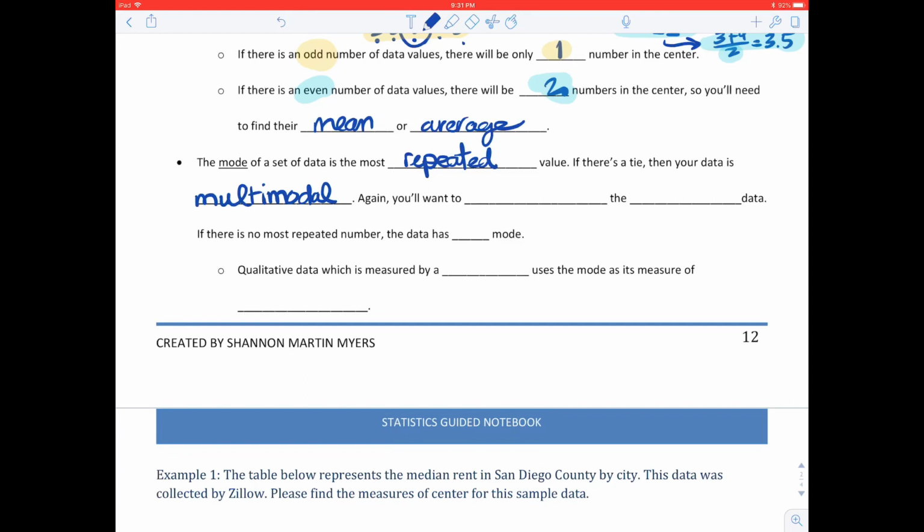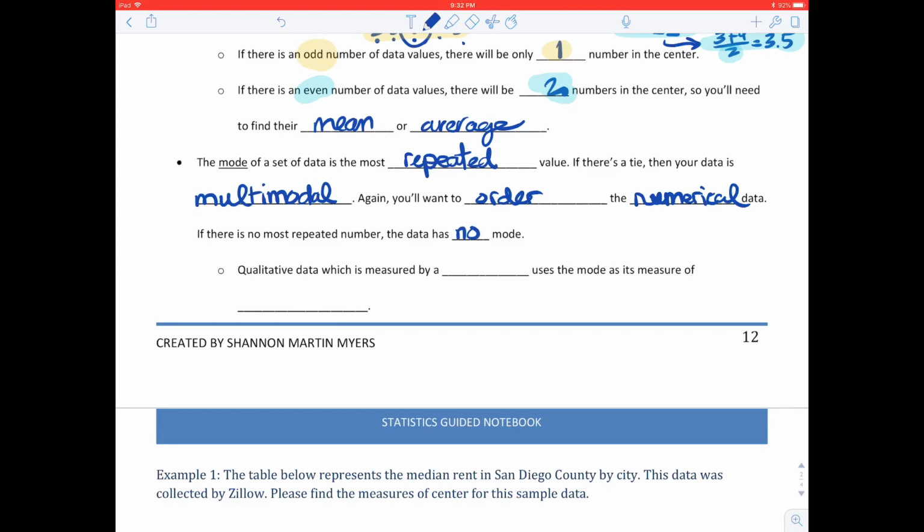After that, you could just say multimodal, or whatever number of modes you had. Again, you're going to want to order the data, and it's going to be numerical in some way. If there is no most repeated number, the data has no mode.